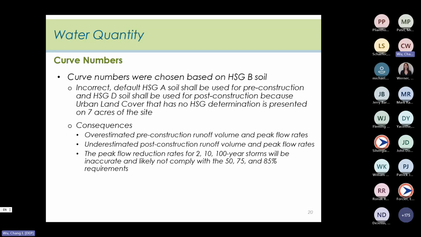So the wrong selection of the curve number will lead to the wrong peak flow rate and the wrong volume for the 2-year storm.